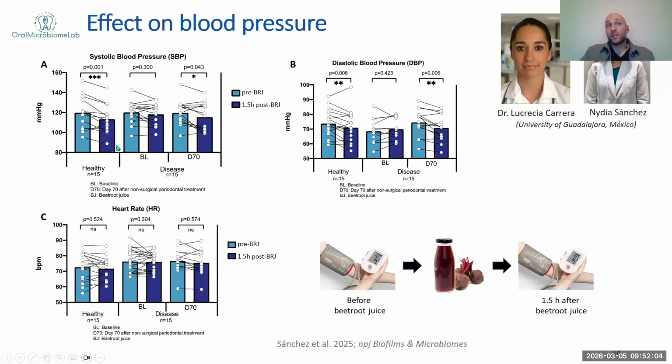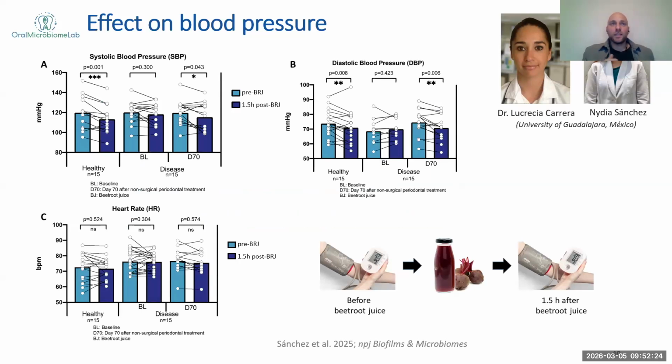However, this was not observed in the periodontitis patients before treatment. After treatment, the blood pressure lowering effect of beetroot juice had been recovered, and the heart rate did not change and should not change. So that was a good control.